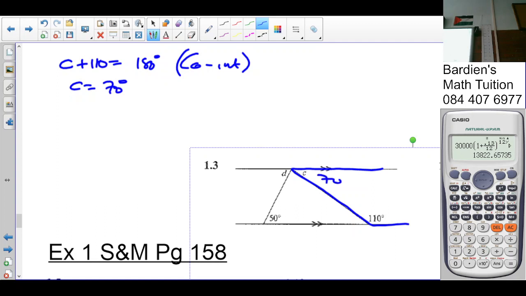D is 50 degrees. Why? The Z being formed there, alternate angles. Any confusion there?